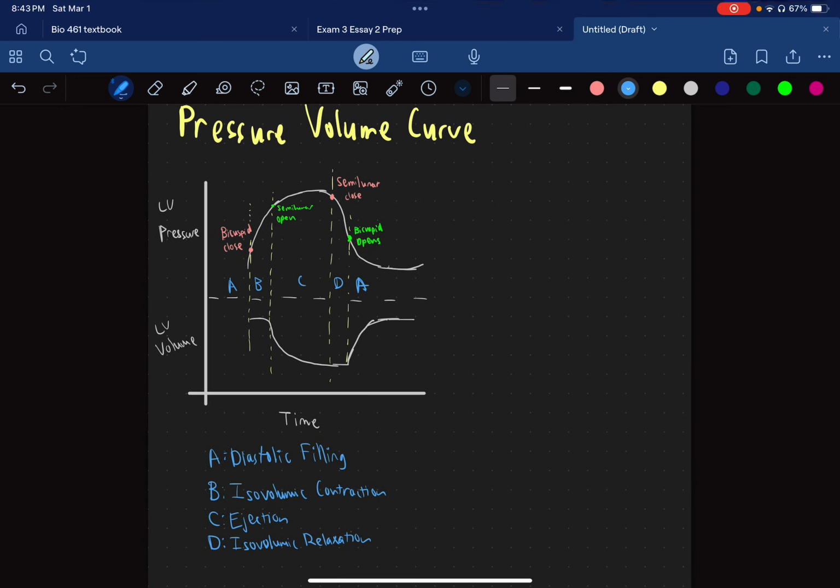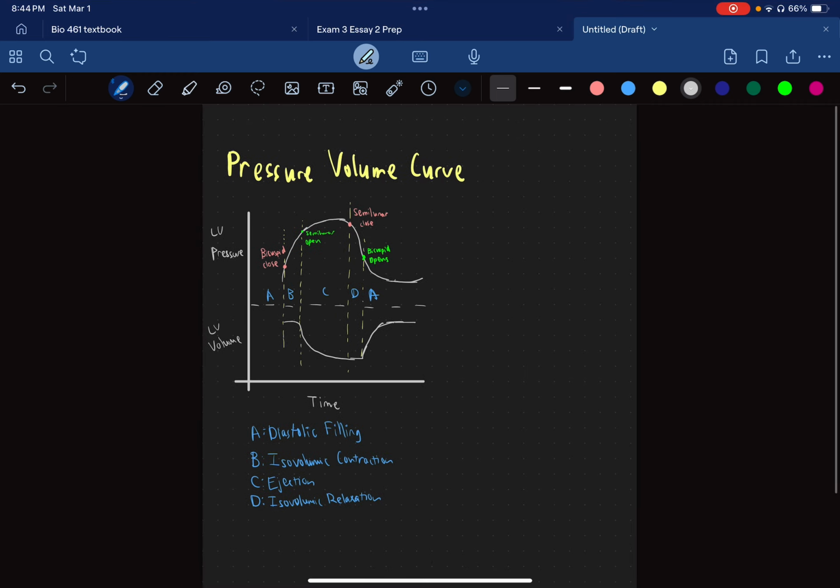Now, there's another way that we can map this out that doesn't have the time axis. It's just going to have the volume and pressure axes. And so it's going to be kind of another way to look at this.